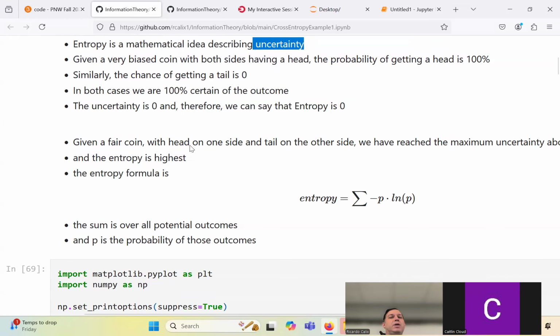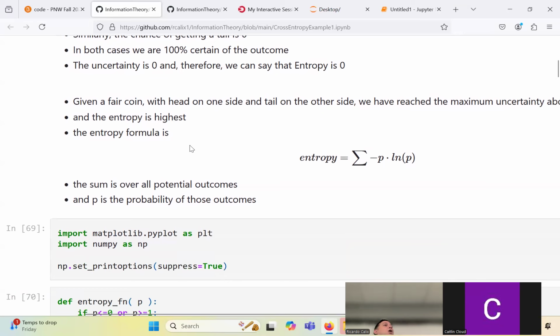In both cases, we are 100% certain of the outcome. You see that? That's what entropy gets at, and that's actually the metric that we use in cross entropy, this certainty of what we're getting. So the uncertainty is 0, and therefore we can say that entropy is 0. Do you see that? Because we know what it's going to be.